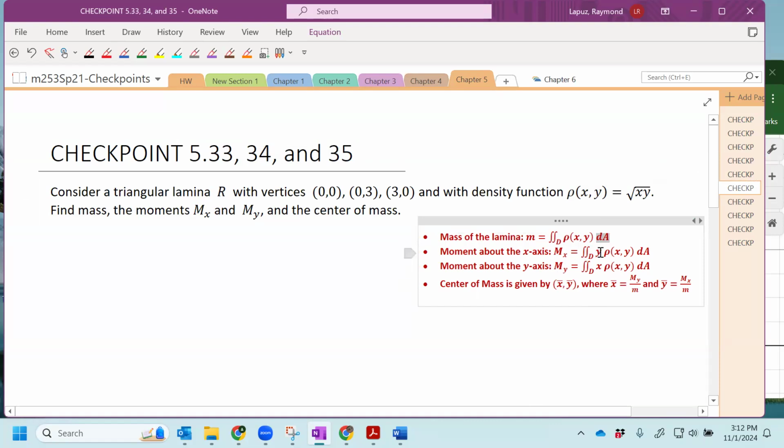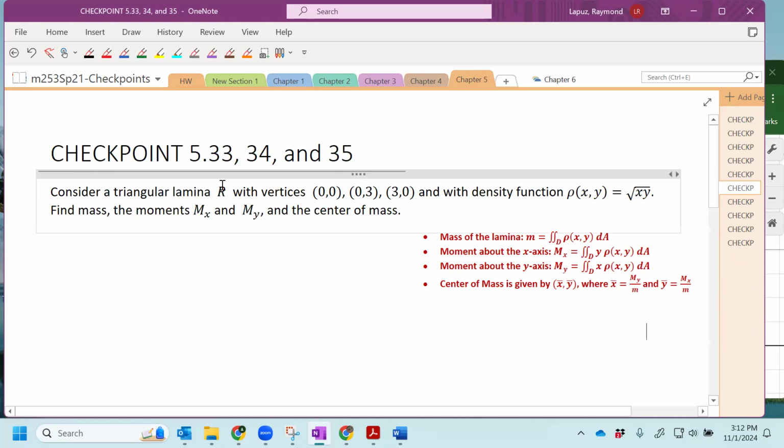Mx and My are going to be similar, except it's multiplied by y and x respectively. And then the center of mass is going to be given by x bar and y bar, where x bar is going to be My divided by the mass, and y bar is going to be Mx divided by the mass. So let's find all that stuff out.